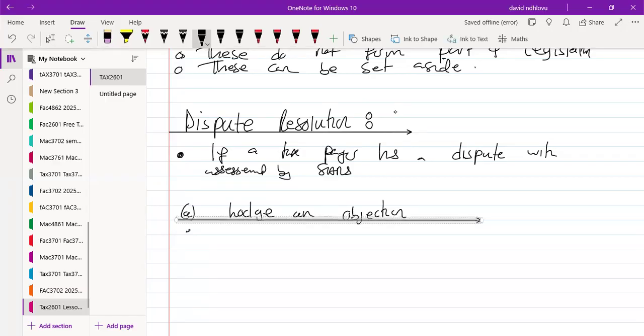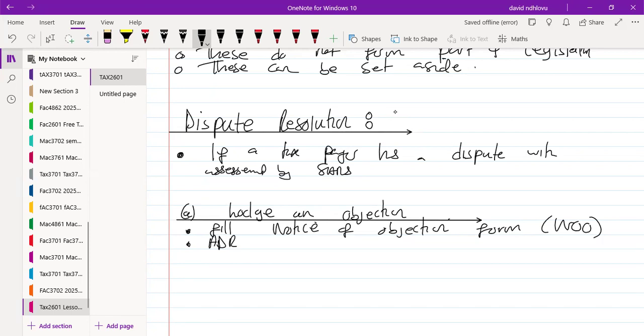To lodge an objection, the taxpayer must fill in a notice of objection form. There is a particular form called the NOO form, which is called an ADR1 form.